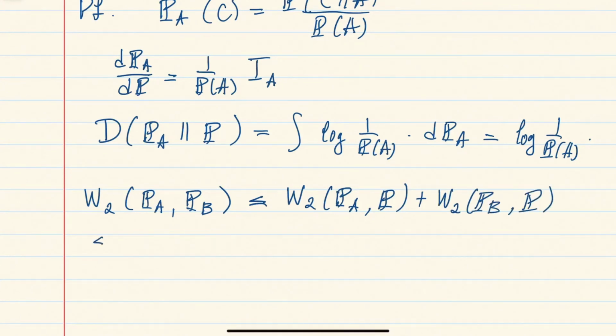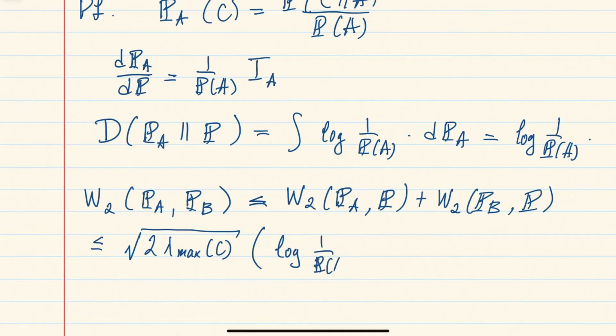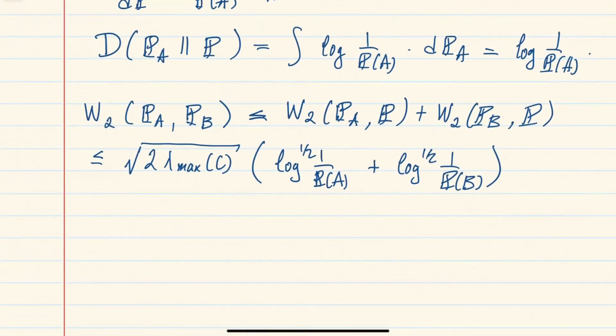Right, and then use this comparison where W can be bounded by the square root of twice the largest eigenvalue of the covariance matrix times the square root of the divergence. The divergence is just the log of 1 over the probability of the set A, so then you take the square root, and the same for the set B, square root of the log of 1 over P of B. Alright, and then we use the inequality that square root plus square root is less than square root of twice the sum.